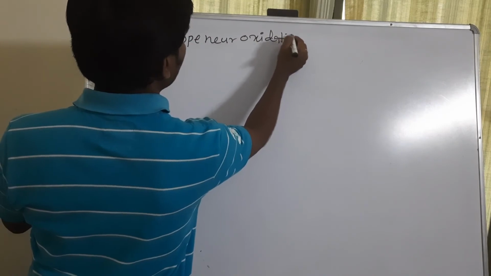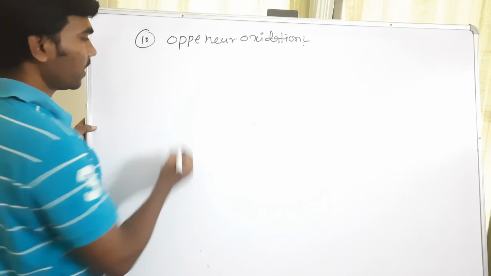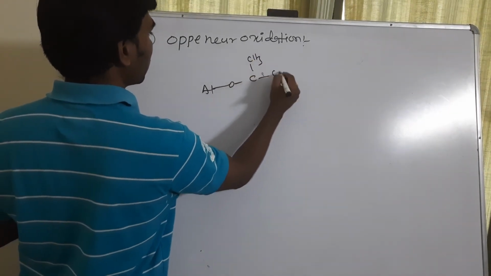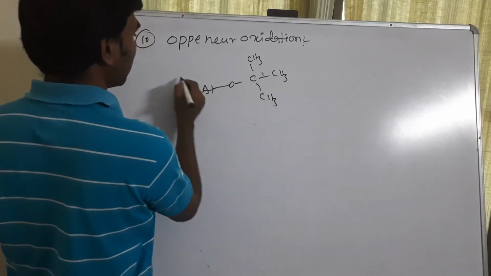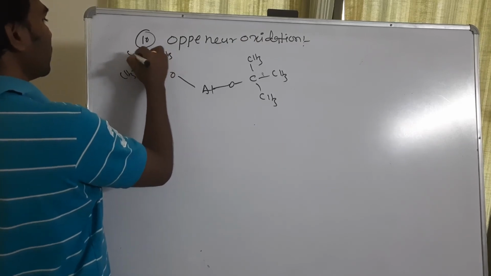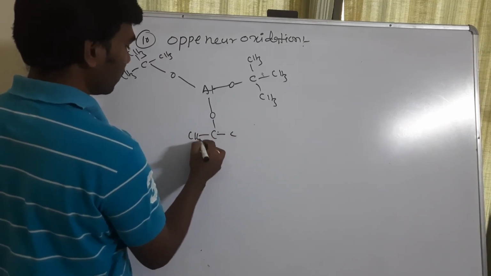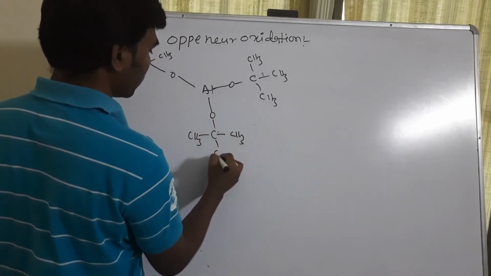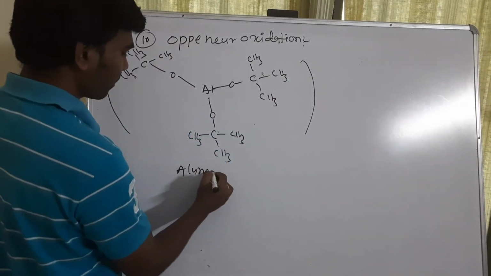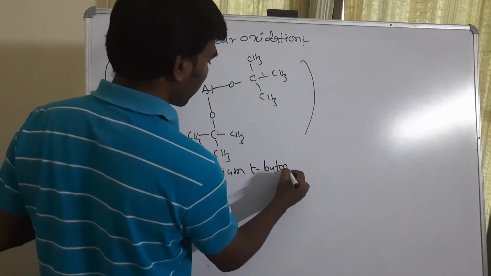Oppenauer oxidation. In this, aluminum tertiary butoxide in presence of acetone they will take. So the structure of this one will be Al with three O, C, CH3 groups, here O, CH3, C, CH3. So this is aluminum tertiary butoxide.